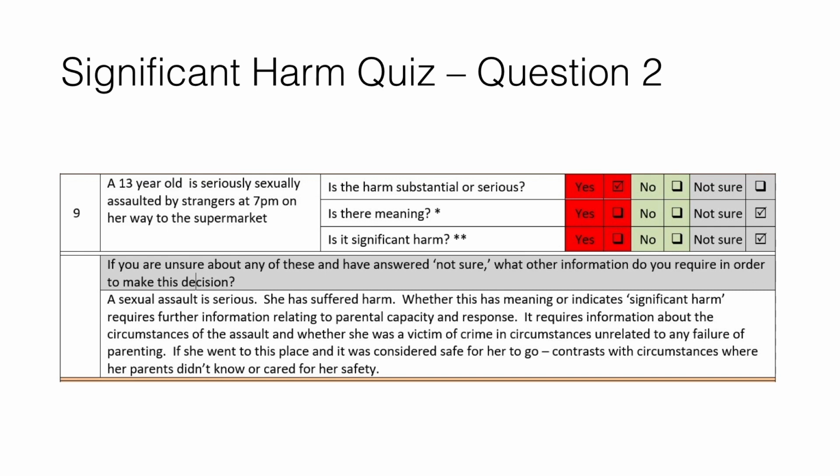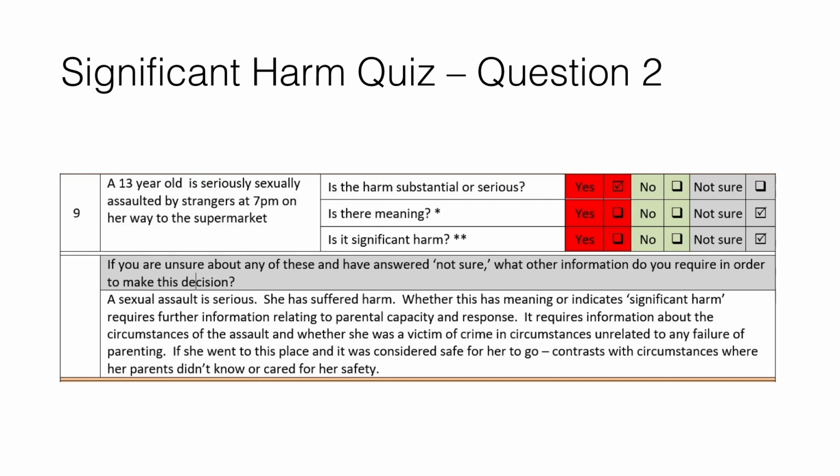Is there meaning? Well, we don't know. We don't have enough information. Was this a random assault? Was what she was doing safe? Were the parents reasonable? Until we have more information, this could be substantial harm with no meaning, not significant harm, or otherwise. So we don't know enough yet to make this judgment.